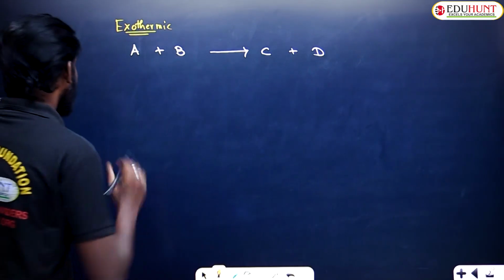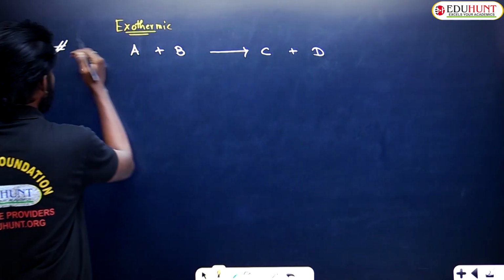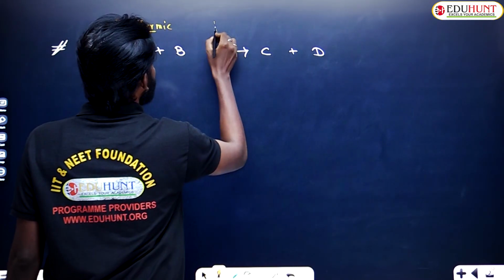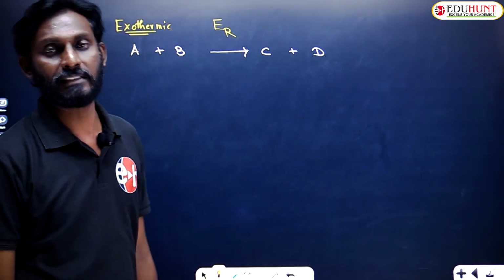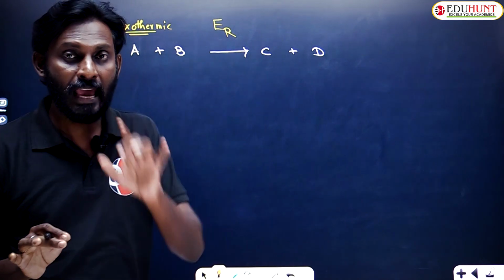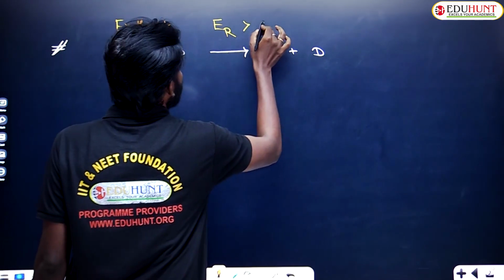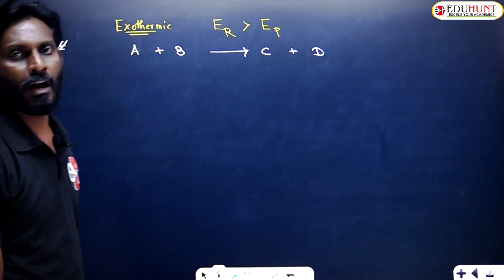Now let me take the energy of the reactants; by ER I mean the energy of the reactants. If the energy of the reactants is greater than the energy of the products, how, sir?